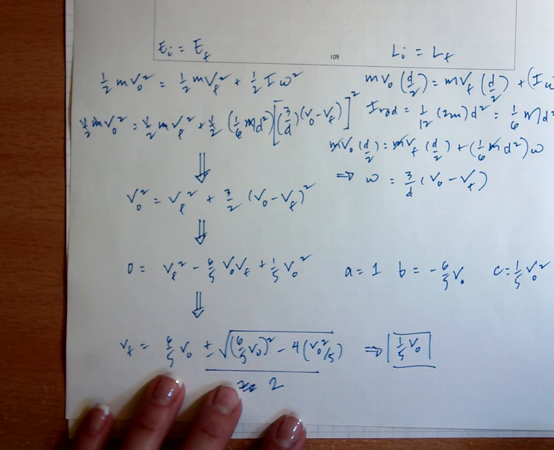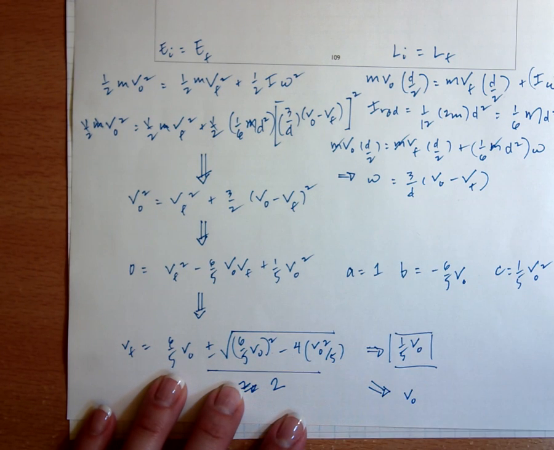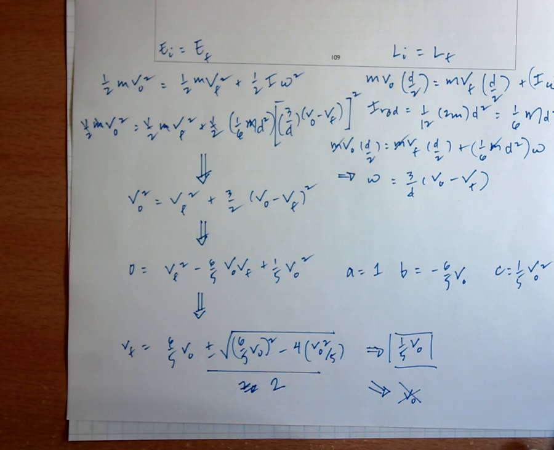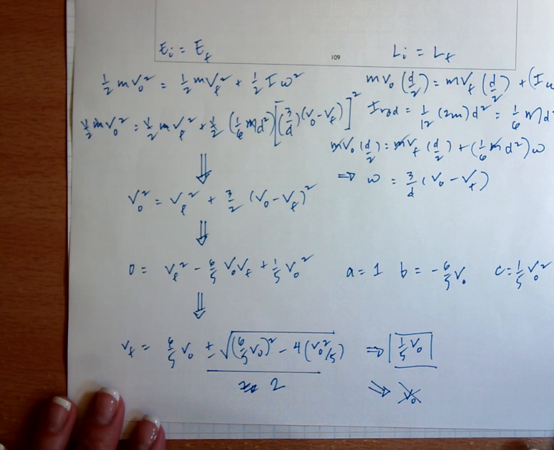The other solution is v initial. That one is not the appropriate physical solution to this problem. It says that the mass doesn't change its velocity at all, and that doesn't make sense in the context of this problem. It has a collision, of course it changes its velocity.